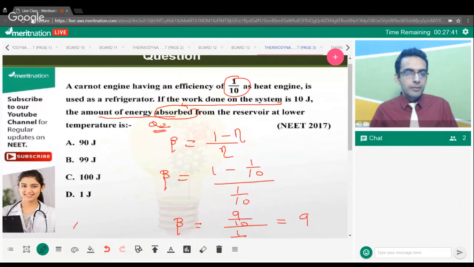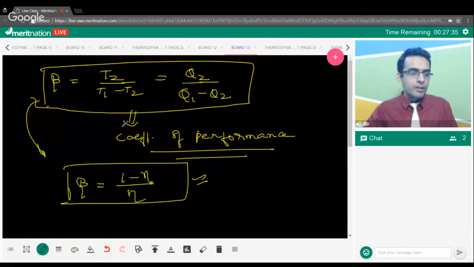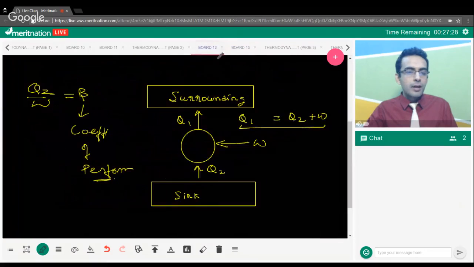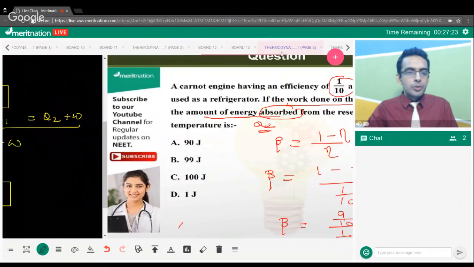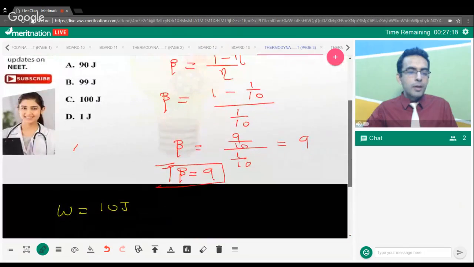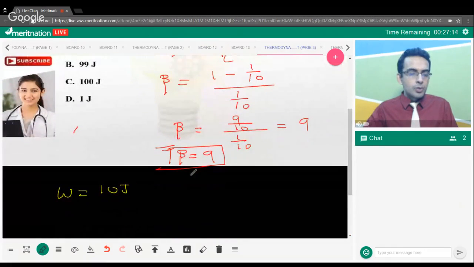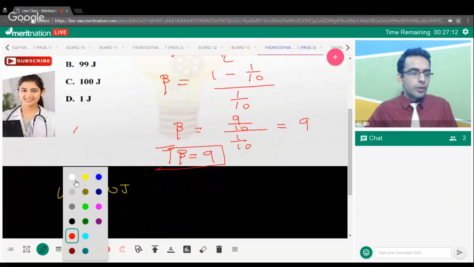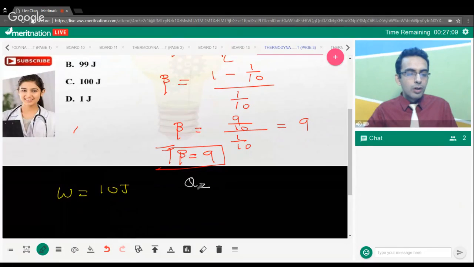You see, in the last case, as I told you, beta is equal to Q2 by W, or Q2 by Q1 minus Q2. If you just see the diagram, the sink is the reservoir of the heat. So here you can see Q2 is the amount of heat absorbed, and we have to find that. So Q2 over W is equal to beta, and that is equal to 9.